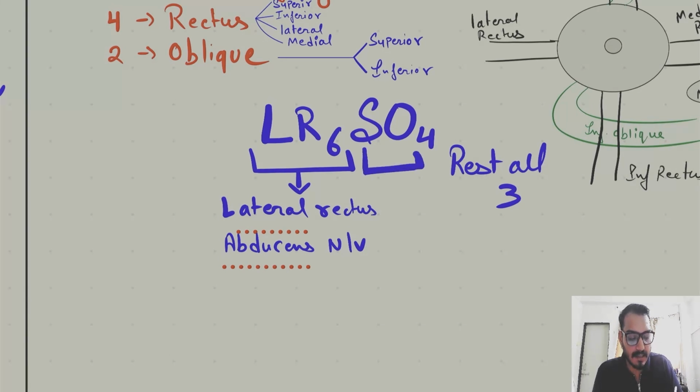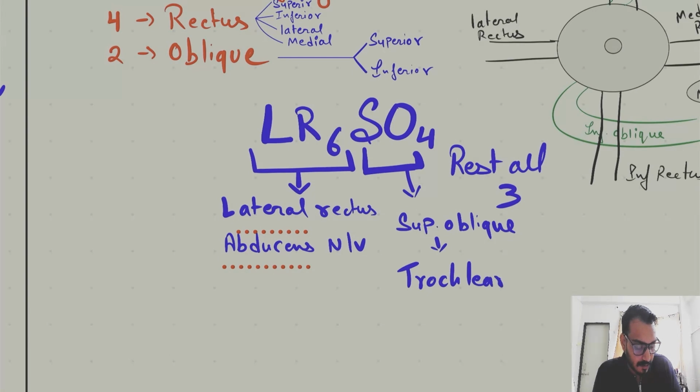Superior oblique is supplied by the 4th cranial nerve, which is the trochlear nerve.